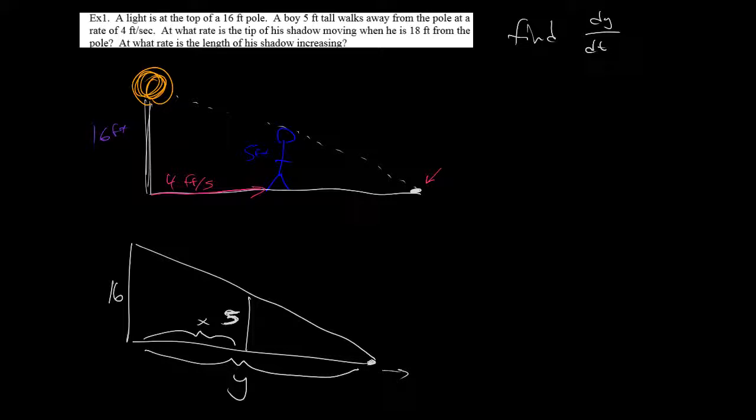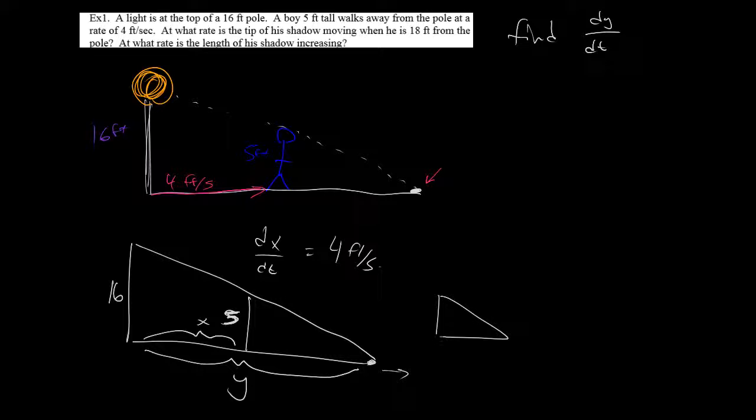We know that the rate at which our x is changing is 4 feet per second. So now we just need to come up with some way to relate these two things. Well, if you think back to geometry, when you had a triangle inside of another triangle, we could compare these two.